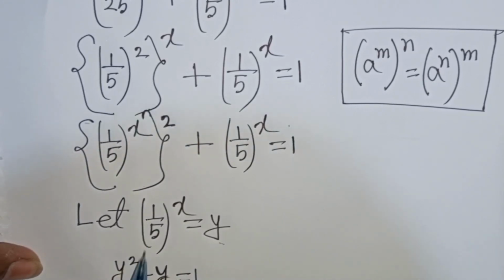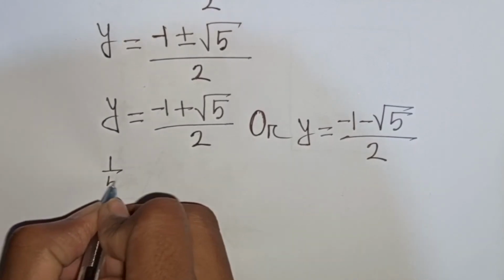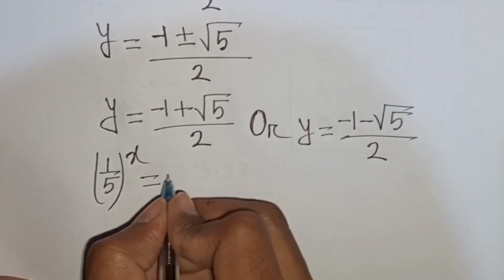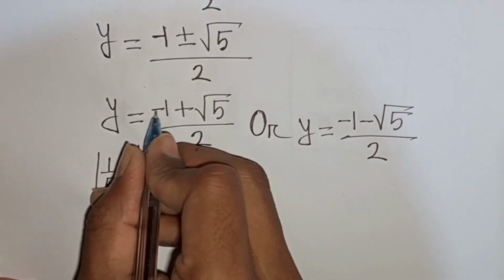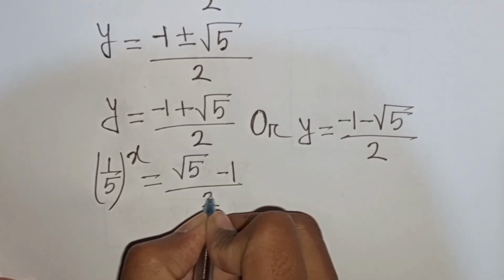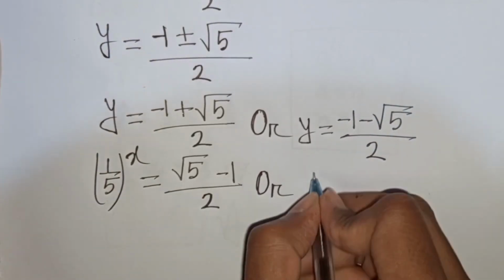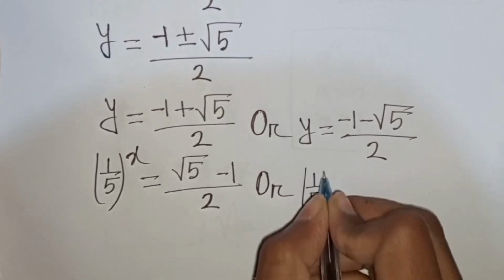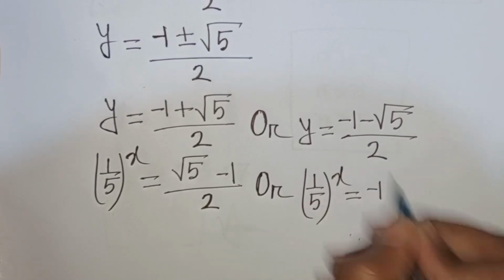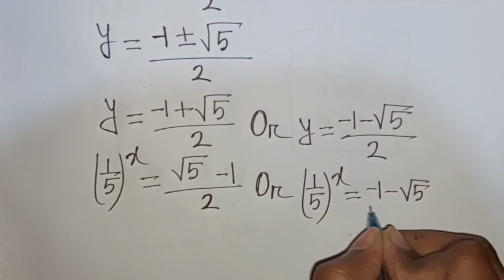So y, that means 1 by 5 bracket power x, is equal to a square root of 5 minus 1 divided by 2, or 1 by 5 bracket power x is equal to minus 1 minus a square root of 5 divided by 2.